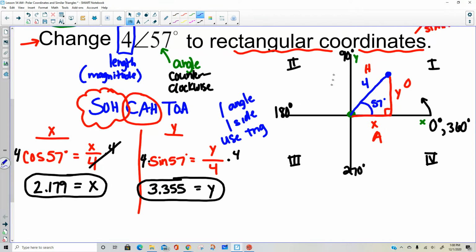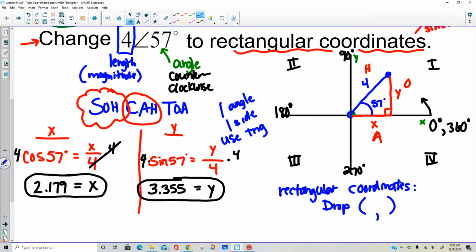Rectangular coordinates, okay, we're going to drop the parentheses and the comma. And we're going to write this like we're giving somebody directions how to get someplace. We're going to say like go right and then go left, or go right and then go up. Okay, so we're going to go right, left, up, down. So we're telling somebody how to get there.